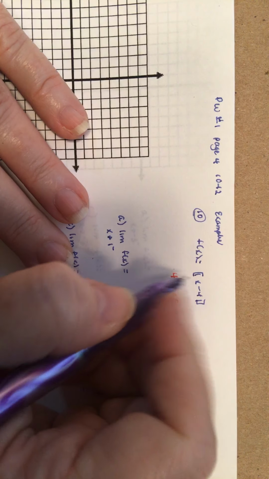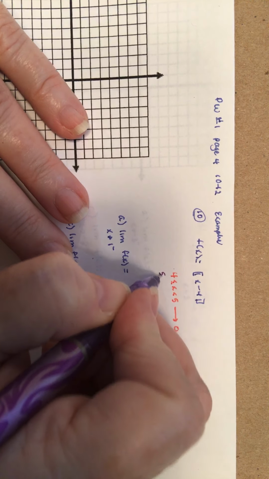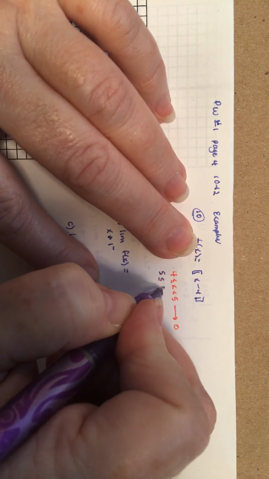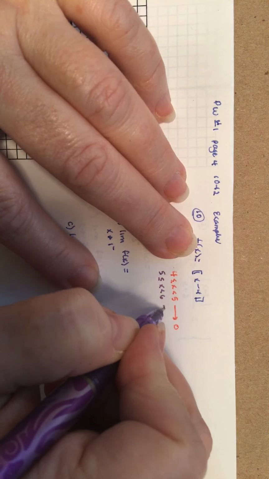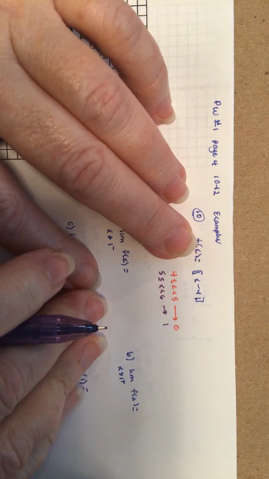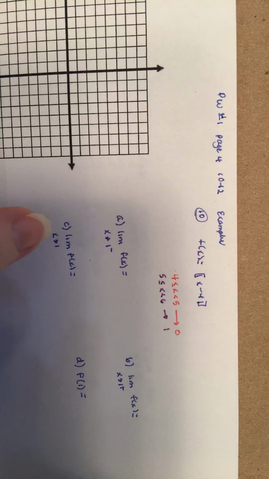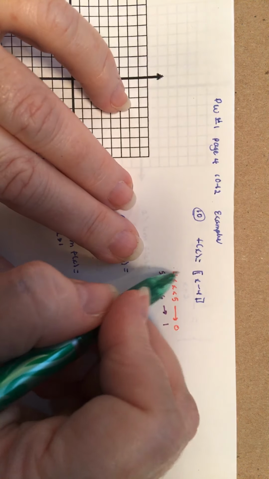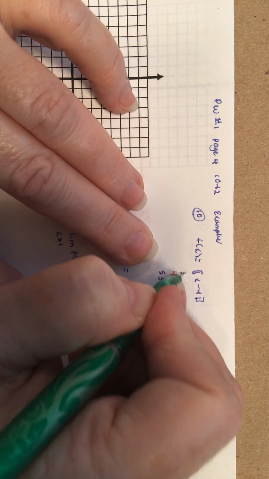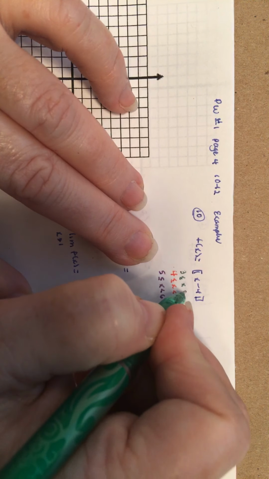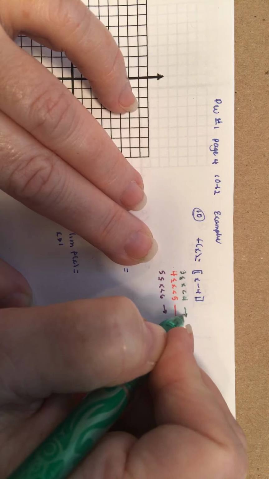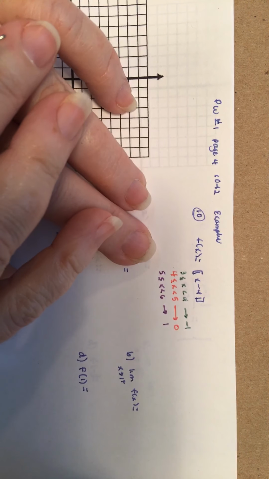Now I'm going to increase each of these by exactly 1. And so that will go to 1. And when I do the same, I'm going to decrease each of these numbers by exactly 1, and that will go to -1.